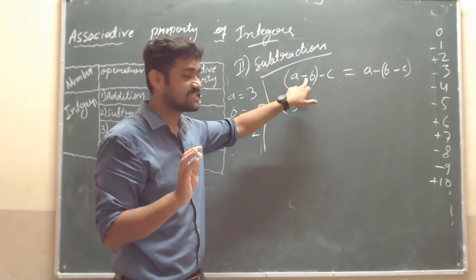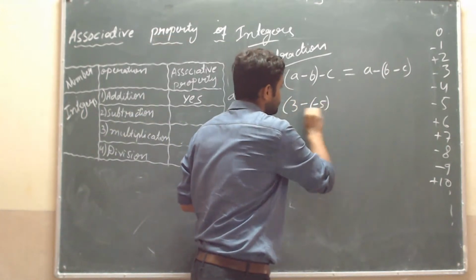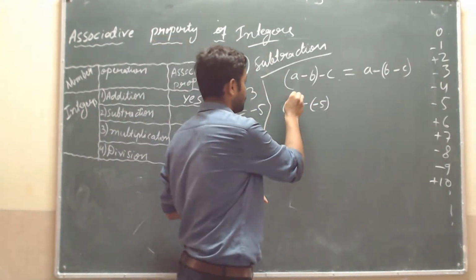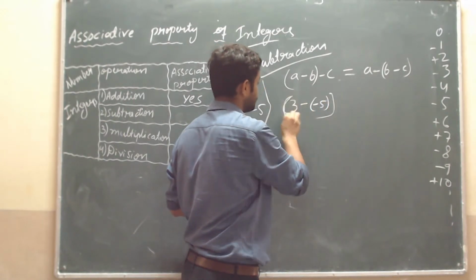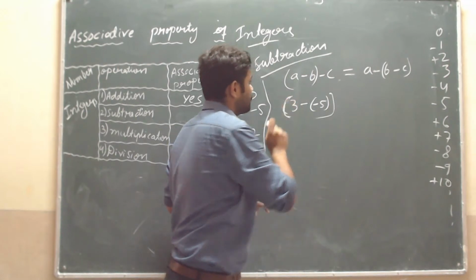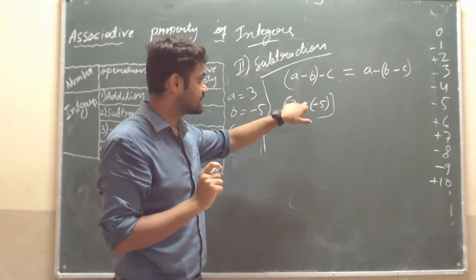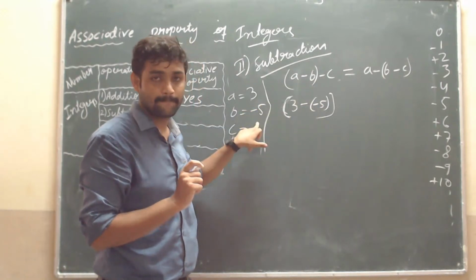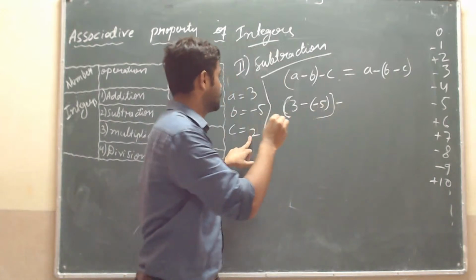Before that, here 1 minus is there. Then I will take b in a small bracket. I will close this. Sir, a is 3 and minus is there and b value is minus 5. Now understood? Yes. Then c is 2.